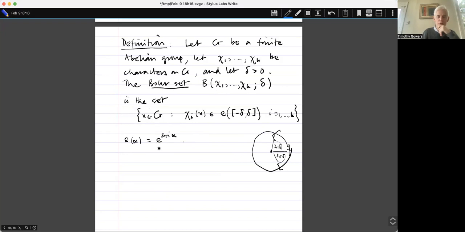Right, so let's just think about what this Bohr set is in the case where the group G is F_p^n. So if G equals F_p^n and chi_i is chi_{u_i}, I'll just remind you that chi_u(x) was e(u dot x over p).